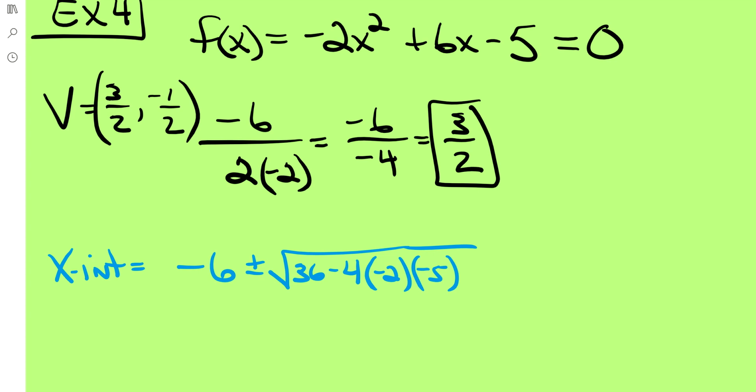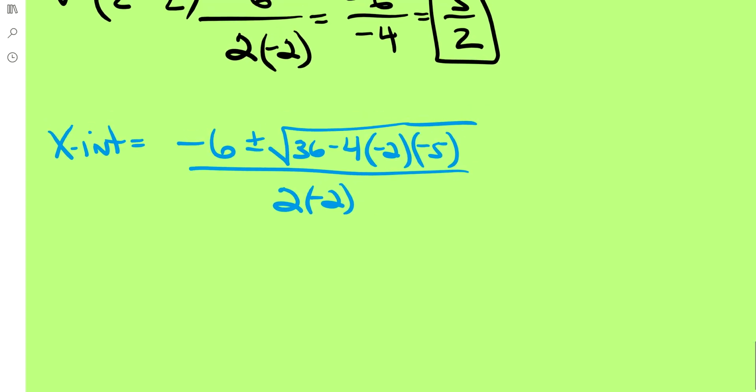And what's it going to be? And all over 2 times a, and a was -2. There, can't forget that. All right, so what have I got? I've got -6 plus or minus, we've got 36 minus, let's see, 4 times 2 is 8. 8 times 5 is 40. So that's going to be -40.